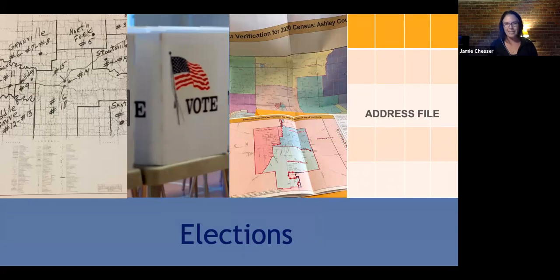And also, the data is always changing, new developments, annexations, and so on.